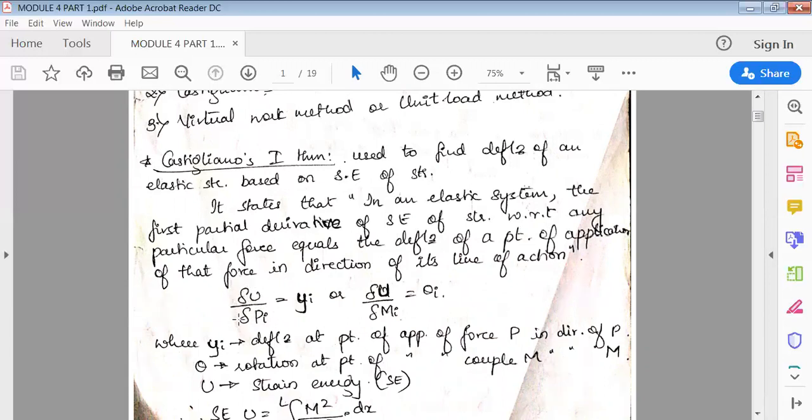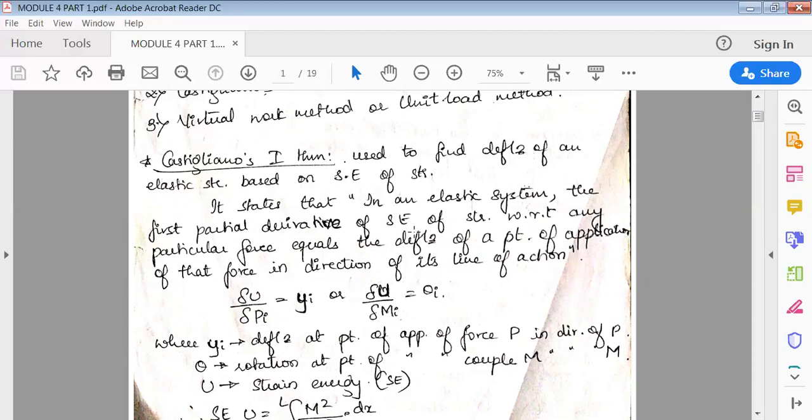If you partially differentiate the strain energy with respect to the load, you'll get deflection. The same strain energy, if you partially differentiate with respect to moment, you'll get theta, that is slope. So strain energy with respect to load is deflection, and strain energy with respect to moment is slope.